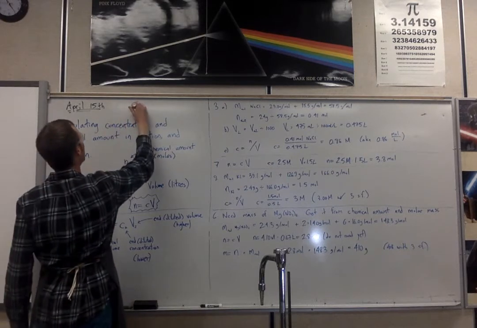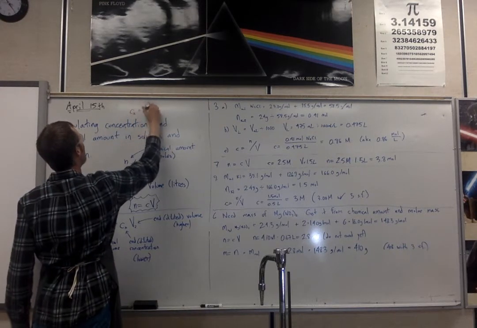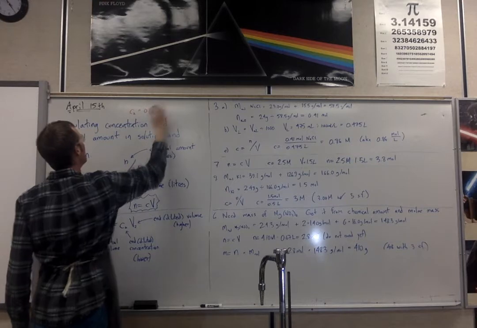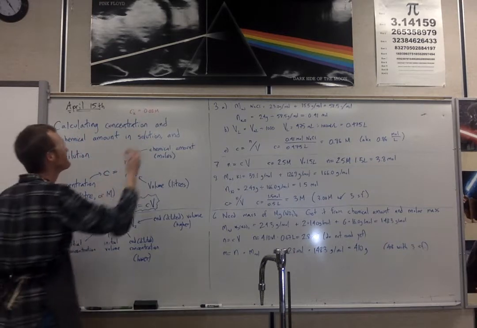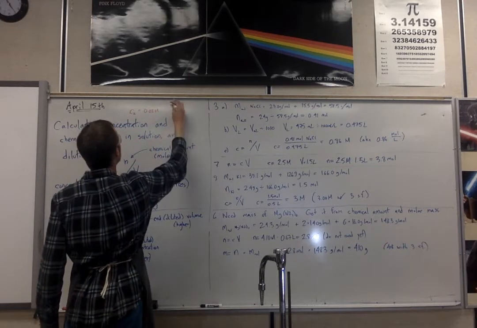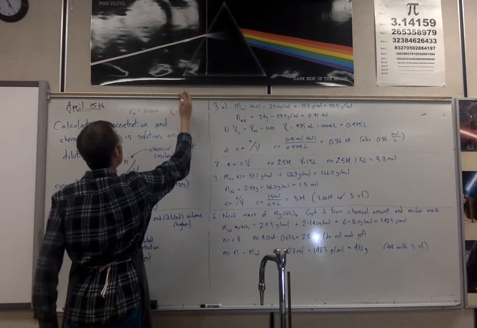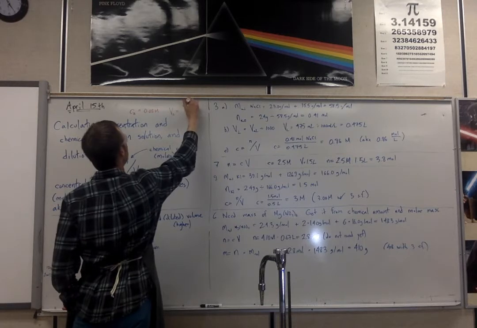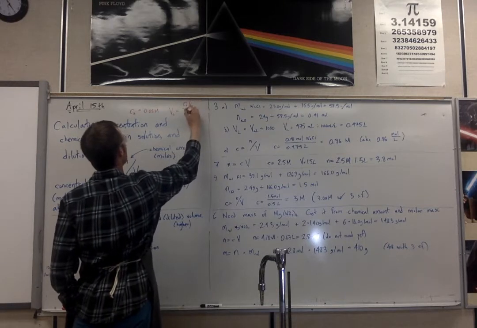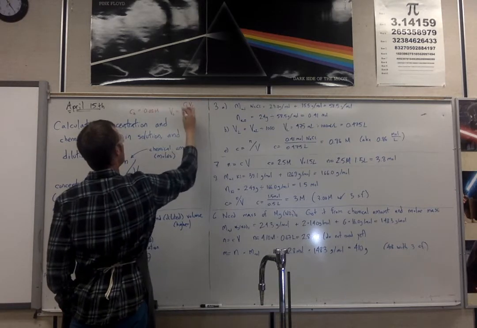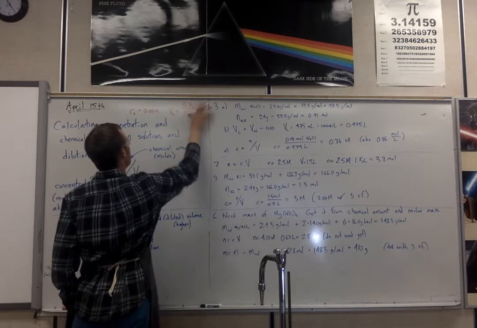So I want C2 to be equal 0.02 molar. All right? Here's what I've got. I want to calculate how much do I need of the V2. Well, let's see. V2 equals C1 V1 over C2.